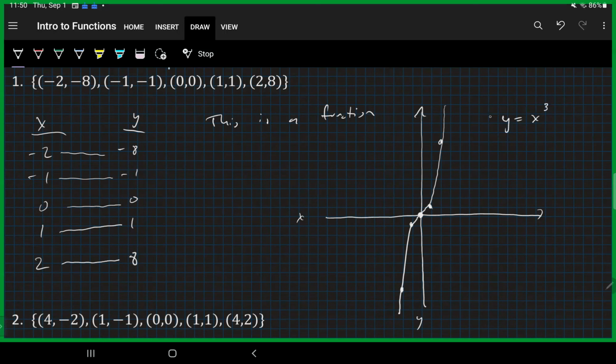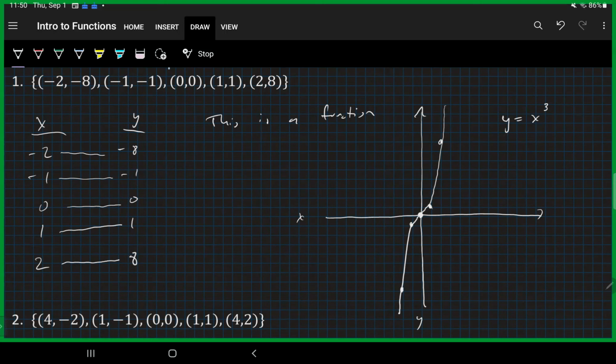And we're going to talk about in a moment new notation for equations that gives us function notation. This is a function. In this case, y depends on x. Y is by itself. We talked about that in a previous video.